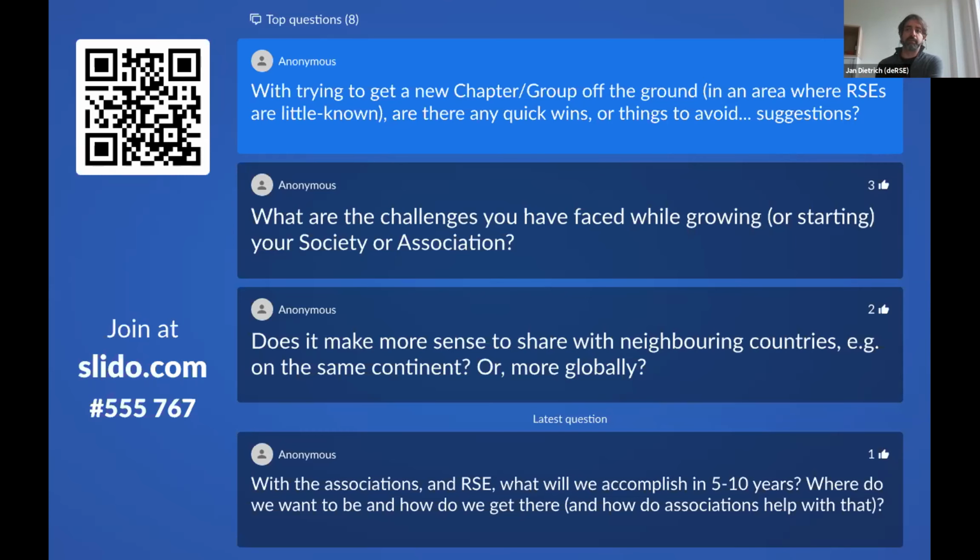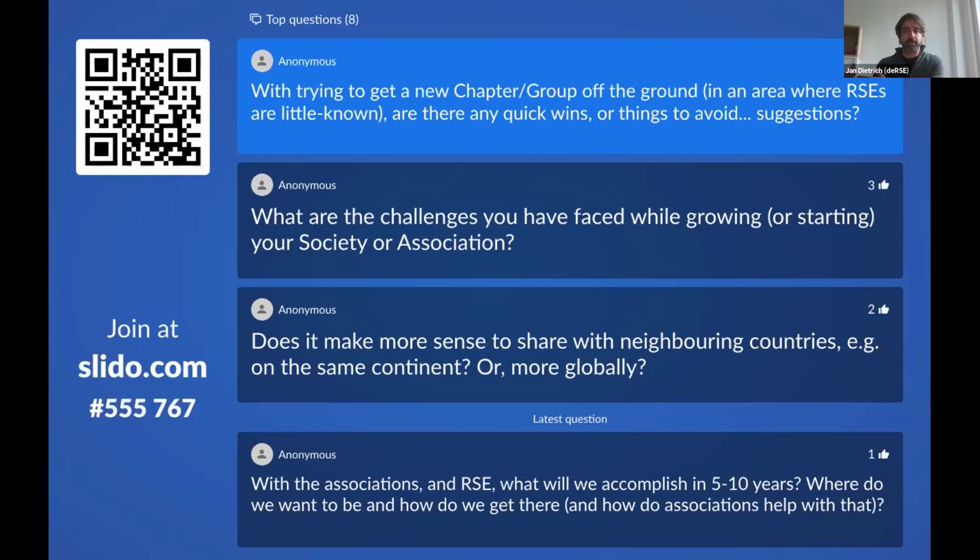If I think back at the time in Germany where I first learned about RSE, it was not that there was some kind of German chapter which I then got in touch with and worked together with. It was that somebody put up some posters for the UK RSE conference at this time. And that was the first time I learned about it.